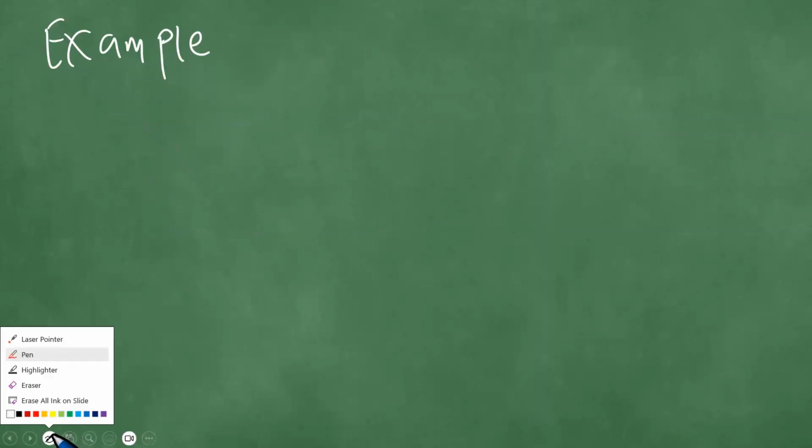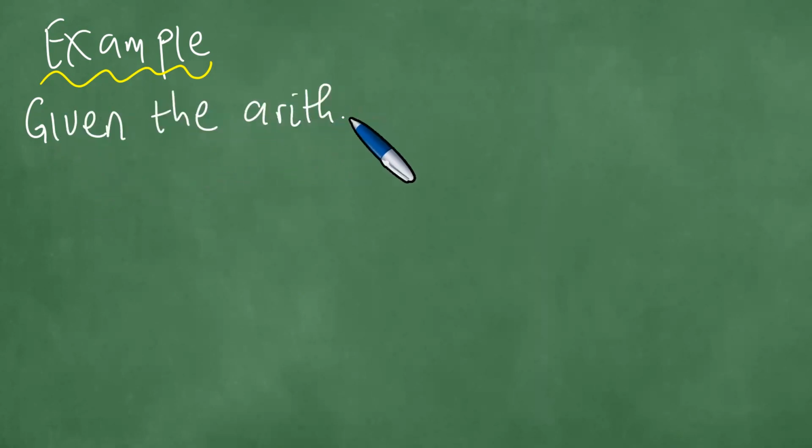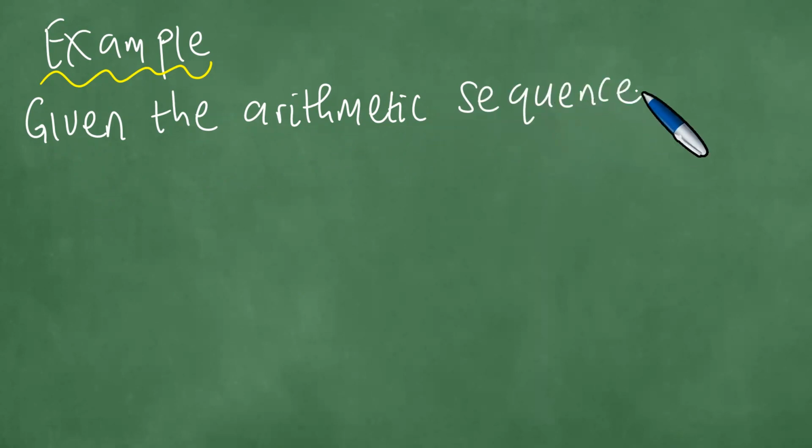An example. Right, this example says, given the arithmetic sequence 3, 7, 11, and so on.